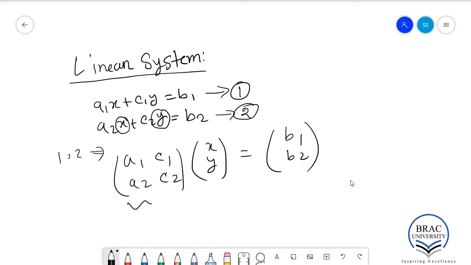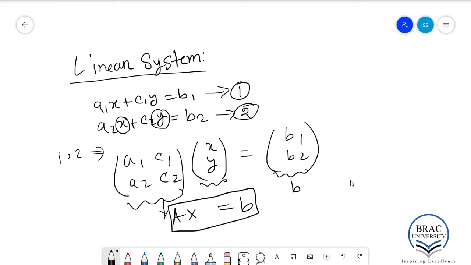If this matrix is denoted as A, this column as capital X, and this column as B, then this is actually a matrix equation, and our goal is to solve for this capital X.